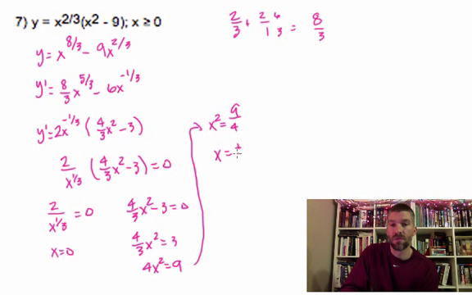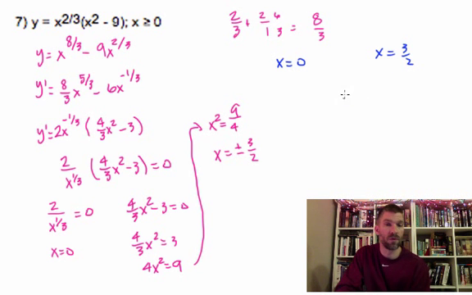X equals plus or minus 3/2. So the critical points then are points that are going to be greater than or equal to 0. So the critical points for this particular problem are going to be 0 and positive 3/2.